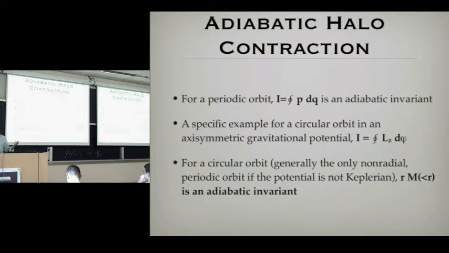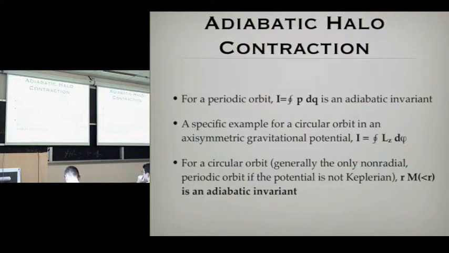The usual analytic approximations are all based on adiabatic contraction. Adiabatic contraction is the idea that if you have some angular momentum component and you build up mass inside a circular orbit, that orbit shrinks in response to the slow buildup of mass. In other words, you compress the mass of the halo along with the building of a cold component at the center of your galaxy, the center of your halo.